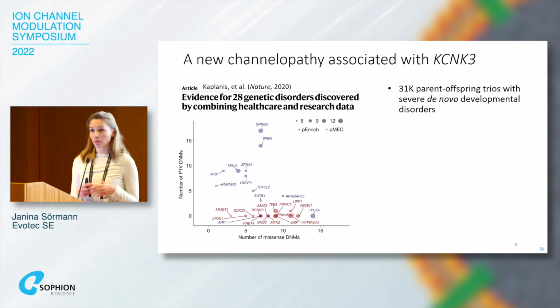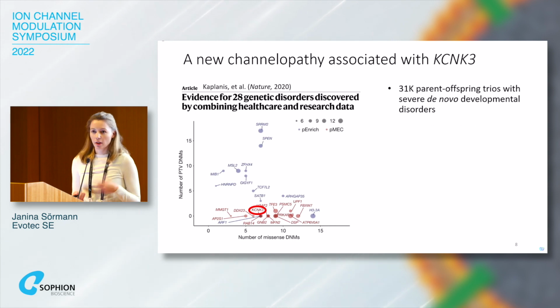However, our colleagues from the Deciphering Developmental Disorders study were interested in the connection between de novo mutations and resulting developmental delay. They identified 28 novel genes which are very prone to de novo mutations and cause developmental delay. One of these genes was KCNK3, which encodes the potassium channel TASK-1.